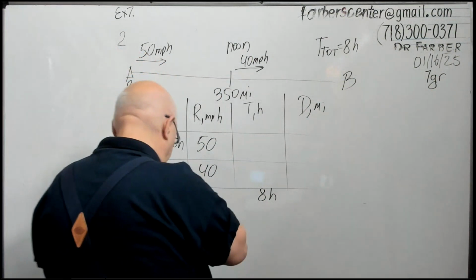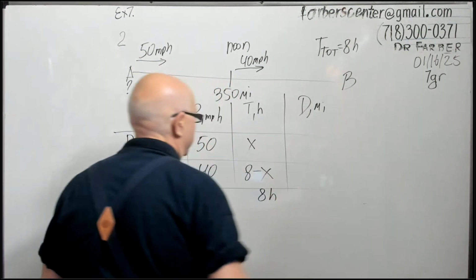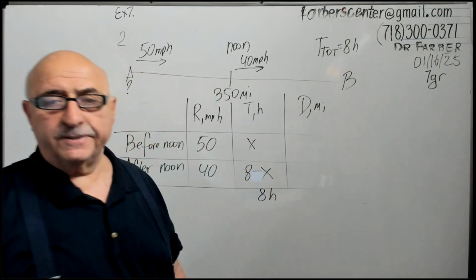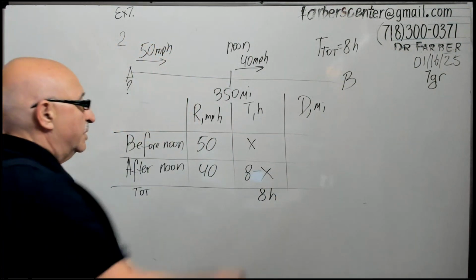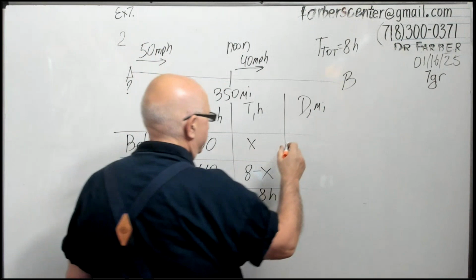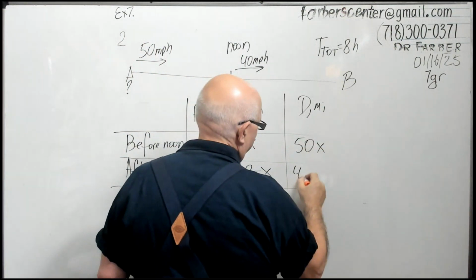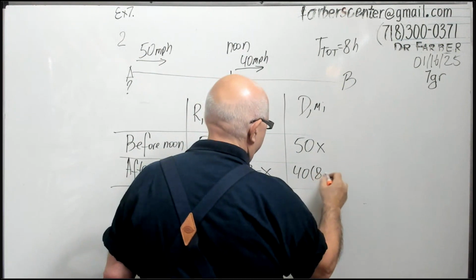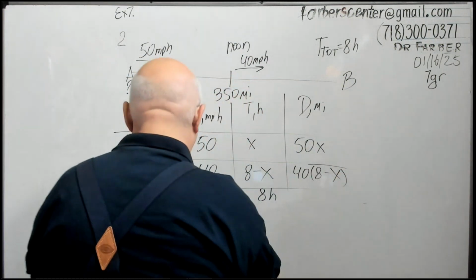In time, we have the total, 8 hours. This is x, and this is 8 minus x. So far so good. Questions? Distance is always the product of these two. Okay, what do we have here.